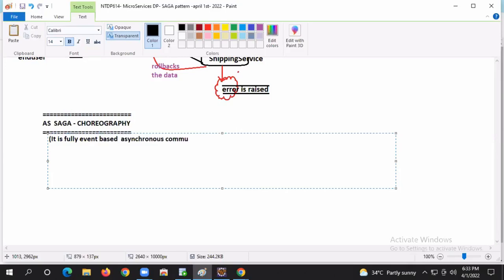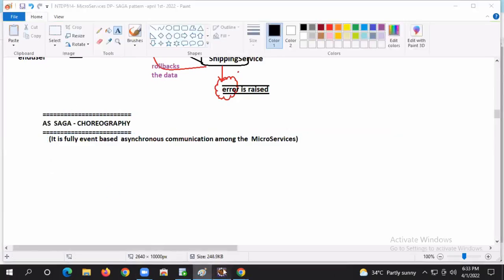It is fully event-based asynchronous communication among the services, among the microservices, guys. Everyone understanding my statement?